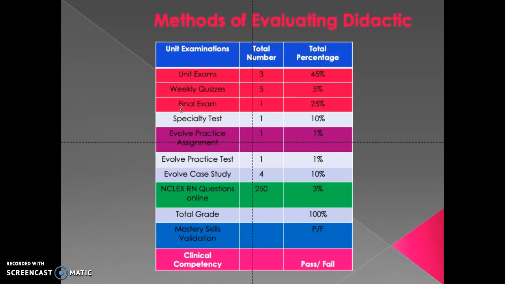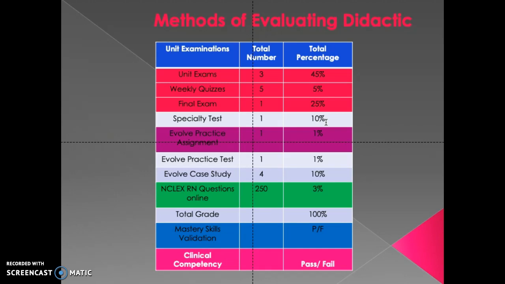We will have 5 weekly quizzes, and each quiz is worth 1%, so a total of 5%. The final exam is worth 25%, and the specialty test is worth 10%. The specialty test is an online module that you'll log into, and you'll be taking an exam.